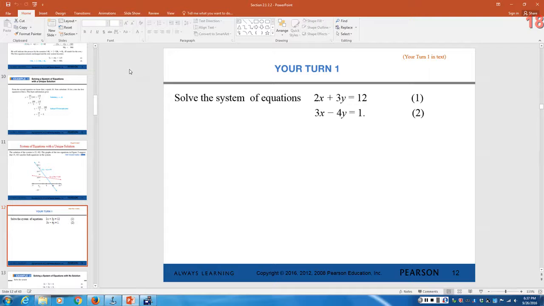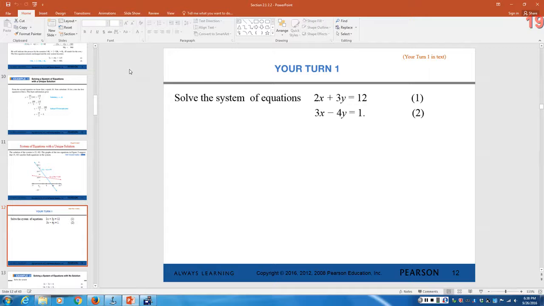Okay. So one way we're going to do this is we can take -3 times 2x plus 3y equals -3 times 12. And +2 times 3x minus 4y equals 2 times 1.